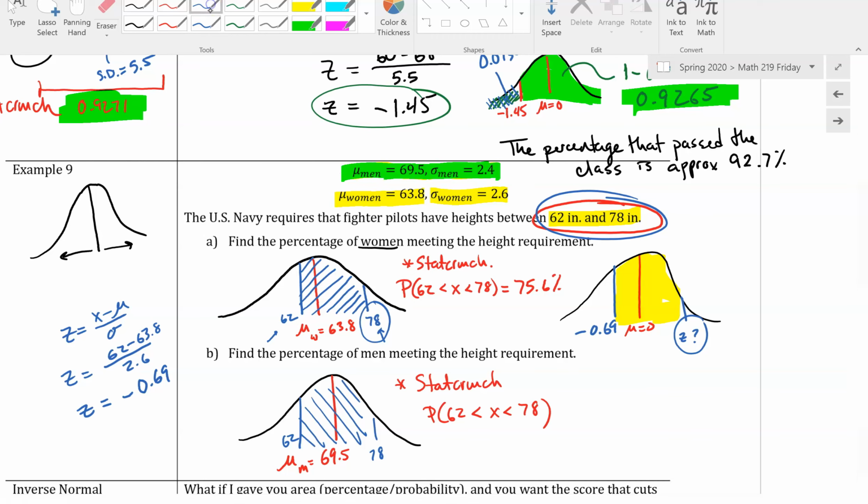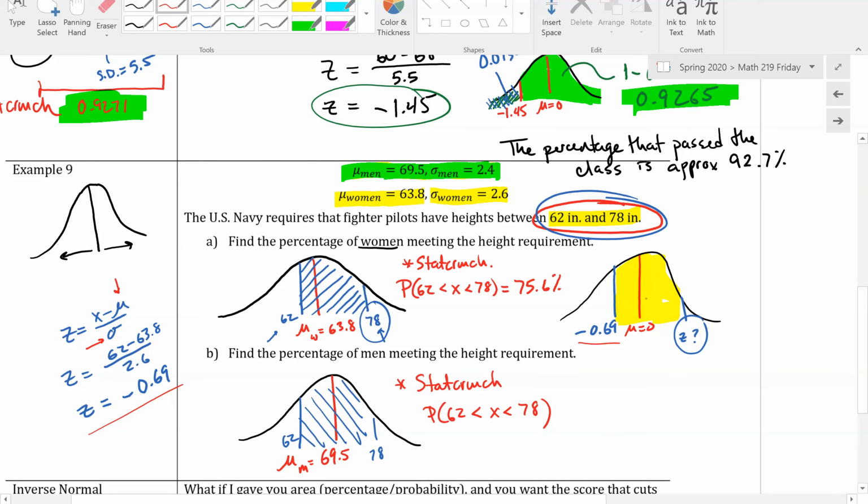Or you need to convert each of these data values into z-scores, and they're going to be different z-scores because you now have a different mean and a different standard deviation. So you're not going to get the same z-score you got for women. That's the other option, you can convert them to their z-scores and then find the area in between them.